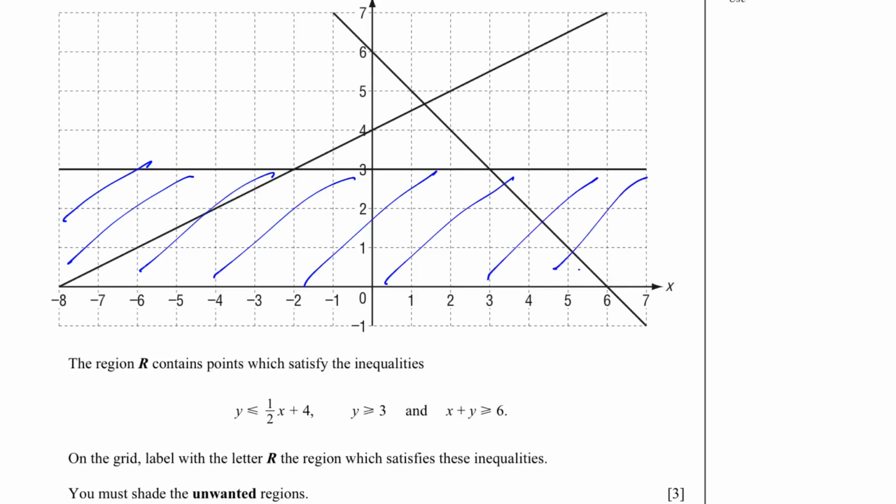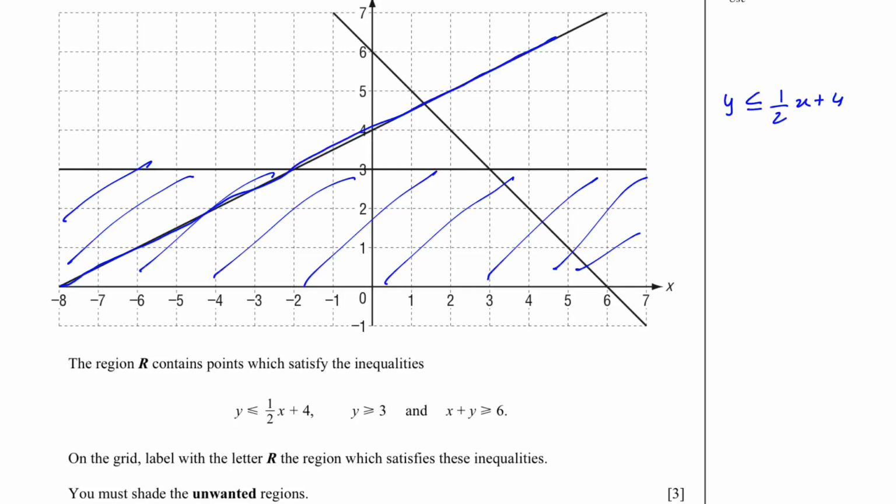So that is done. Then we'll take y is less than or equal to half x plus 4. We'll write it on the side here. Choose a point. We are talking about this line here, correct? Choose a point on the above side or the lower side, any one point.